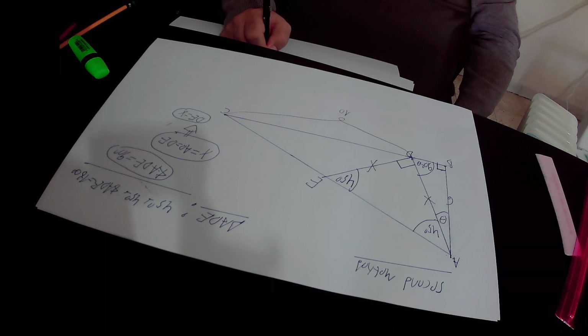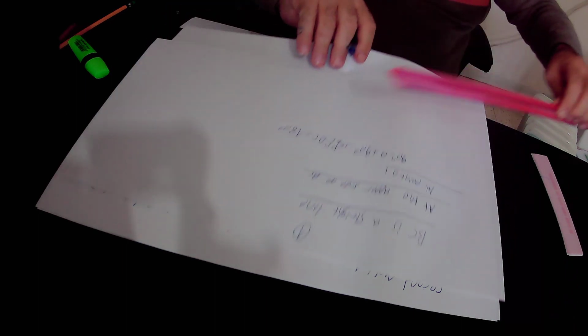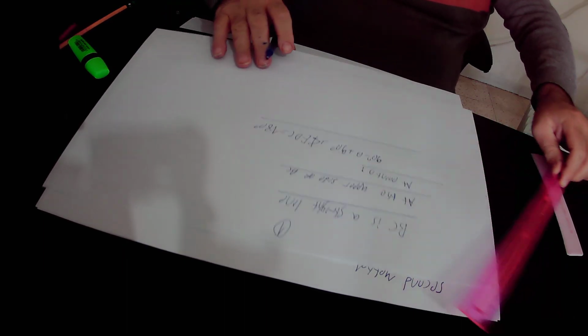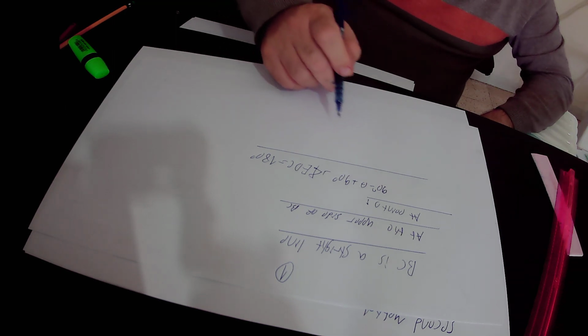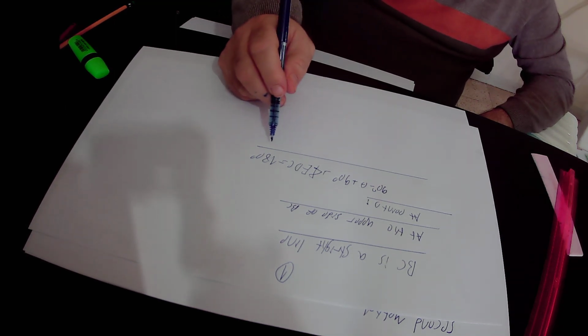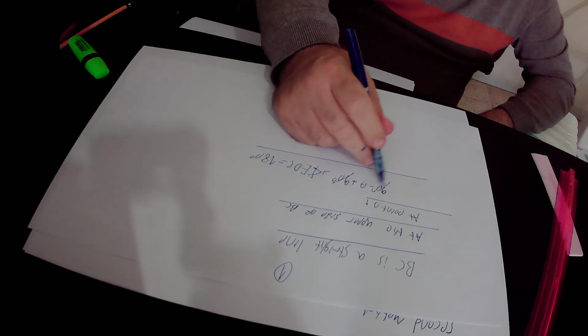In total, the sum of those three angles must be equal to 180 degrees, according to the rule that I mentioned, that the sum of the angles on one side of a straight line is equal to 180 degrees. Here we have 90 degrees plus 90 degrees, which is 180 degrees, so we have 180 degrees on both sides of the equation, so 180 degrees gets cancelled.